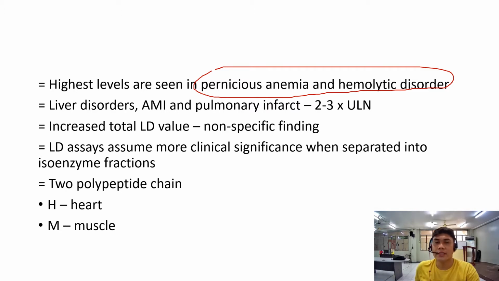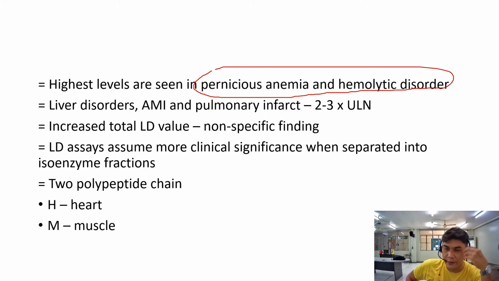Now, since the RBC is big, it has a tendency to be hemolyzed, or there will be hemolysis. Since it is big, it's easy for your spleen to sequester that big RBC.